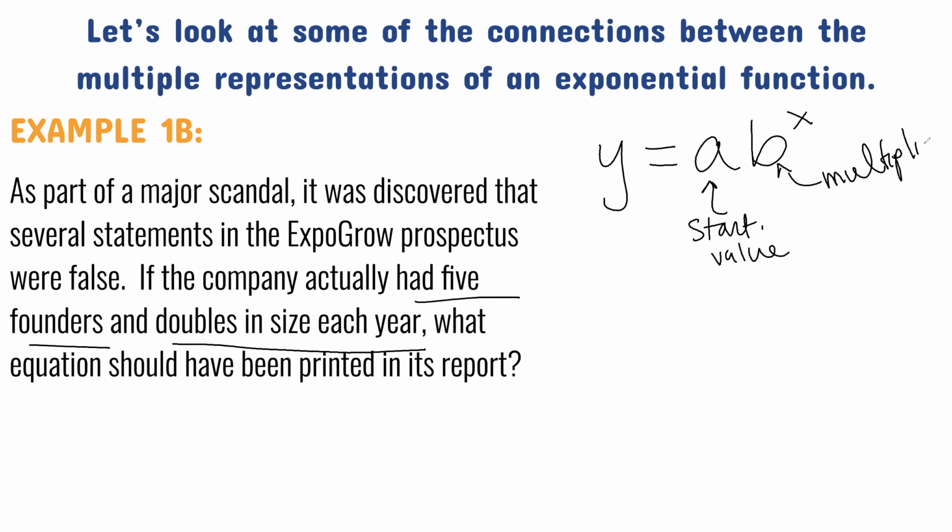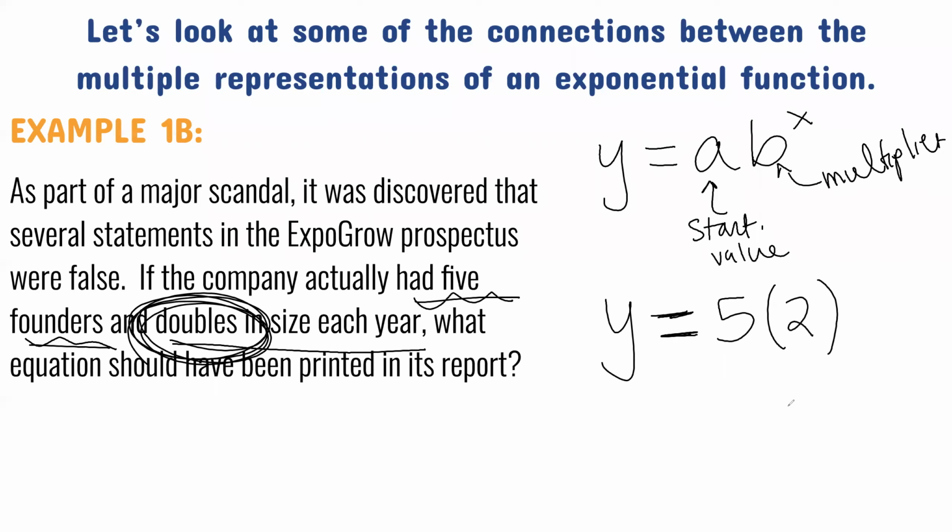How many people started the company? They had 5 founders. So I'm going to have y equal to 5 because that's my starting value. And then what happens to it each year? It doubles. It's being multiplied by 2. And then to the x power. Okay, that's how simple exponentials can be. What did it start with, and what is its multiplier?